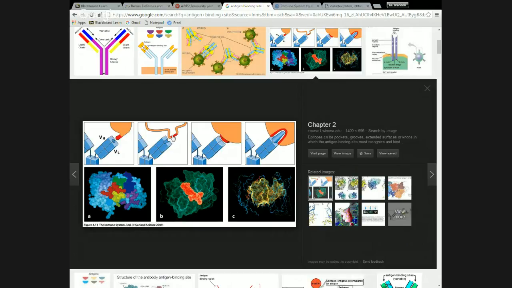Here, this can sort of latch on to part of the protein structure of something. This is complementary to that shape. This is the first representation I've seen in this kind of cartoon way of part of the antibody sort of sticking out and fitting into the antigen. But whatever it is, there's a very specific match between the antigen and the antigen binding site on an antibody.